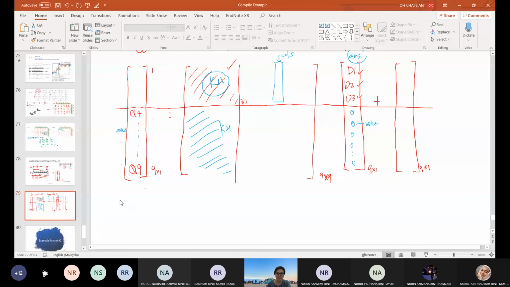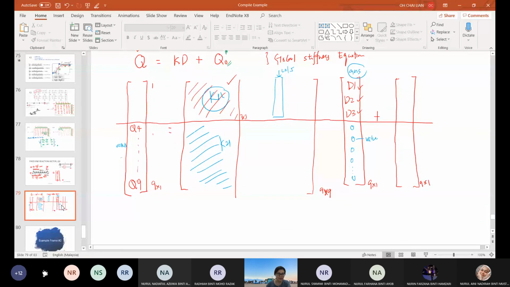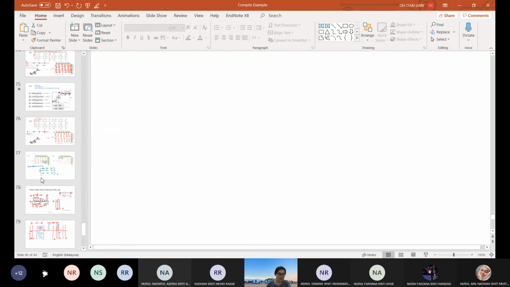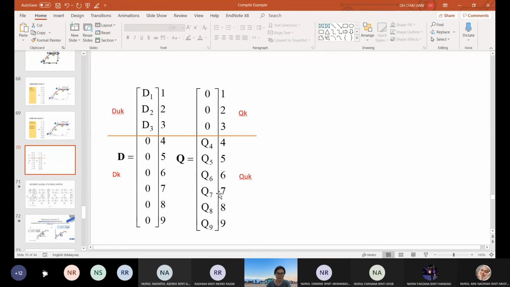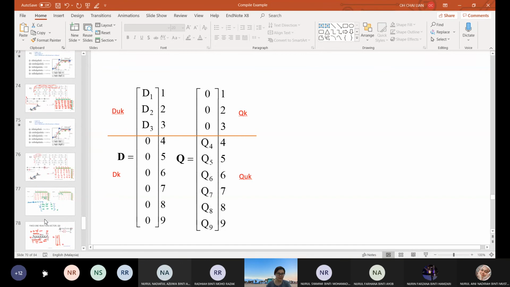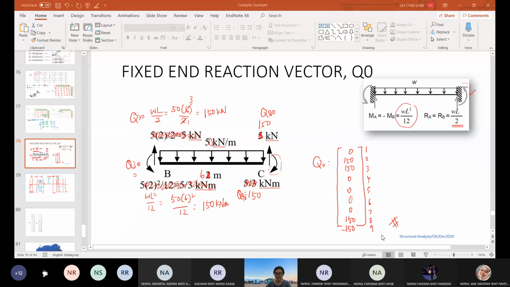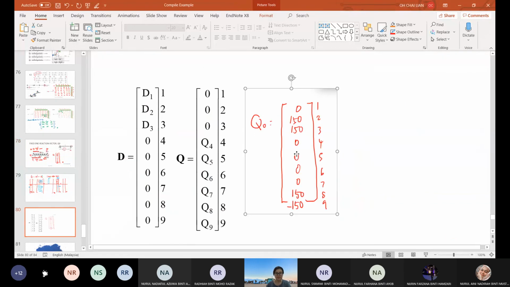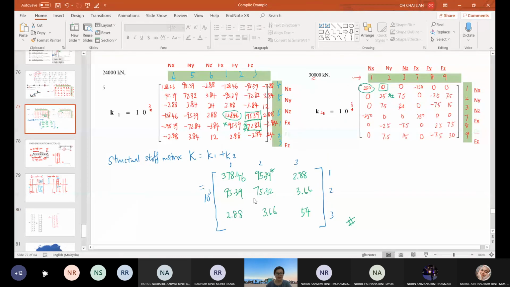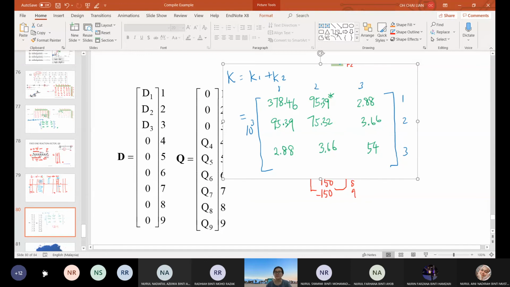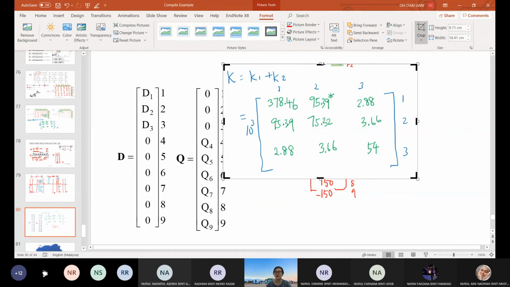So we are going to get this done. Let me get the Q, K, Q naught, and the K. You have to gather all this and put it into the equations.